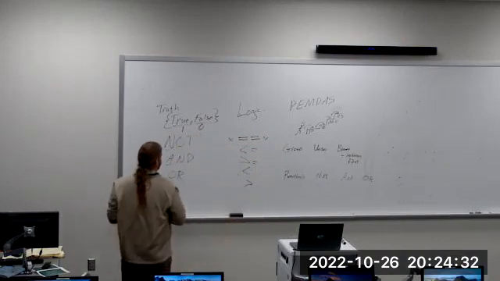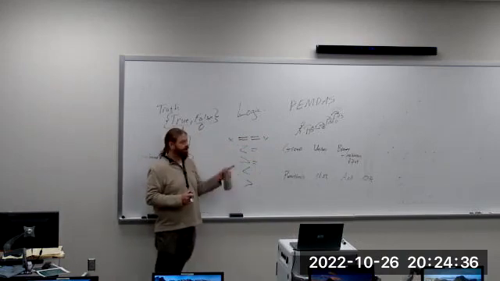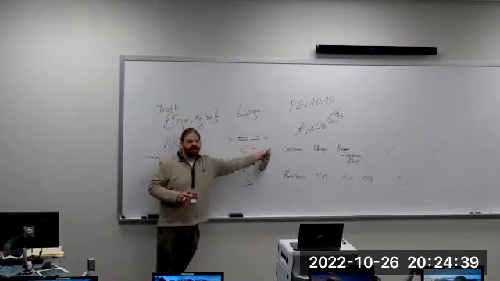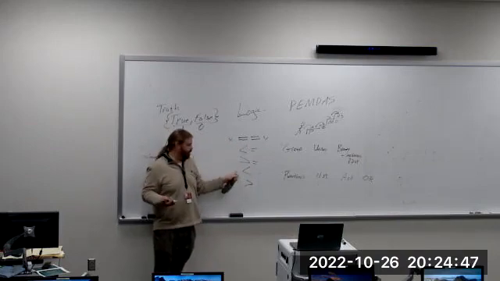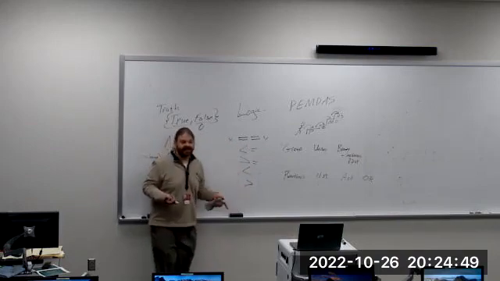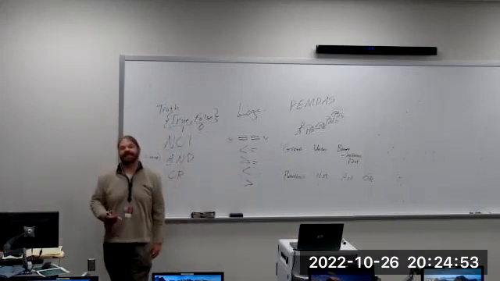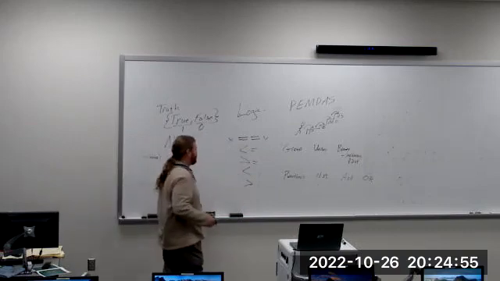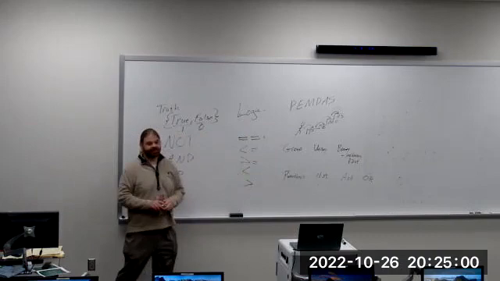If we subtract them and get a positive number, X minus Y, and the result is positive, that means X is greater. And if we subtract them and get a negative number, that means X is less than. So addition and subtraction gives us that comparison. All of that, that's what the machine is actually doing.